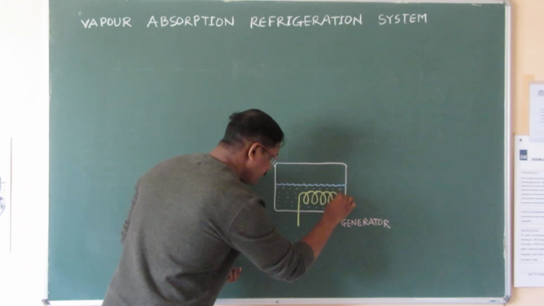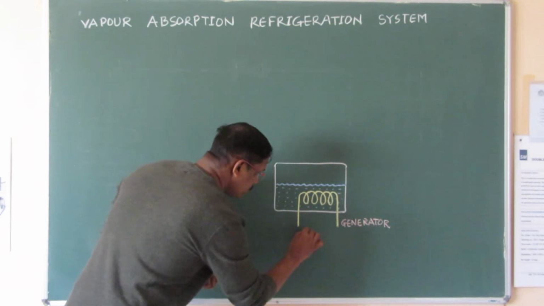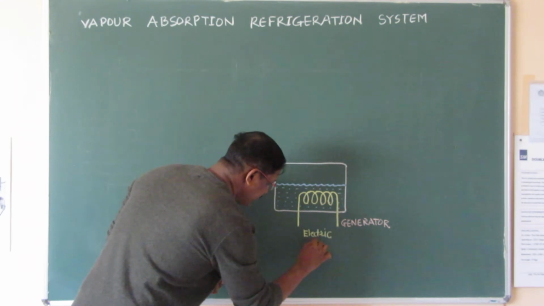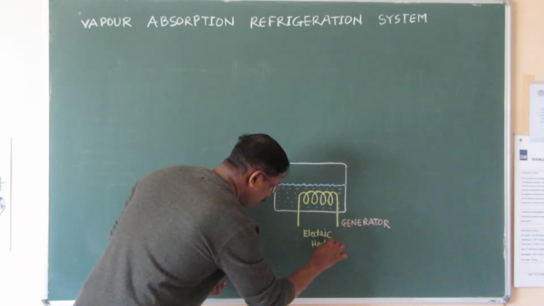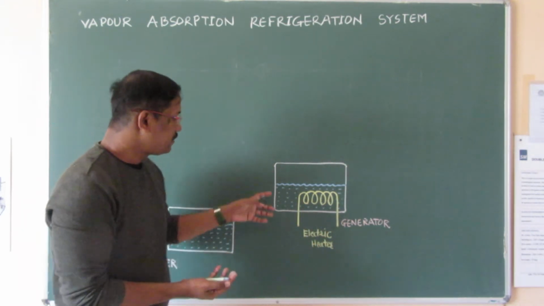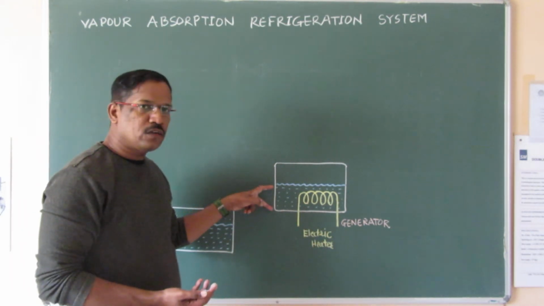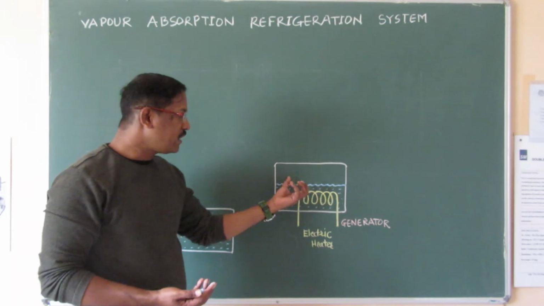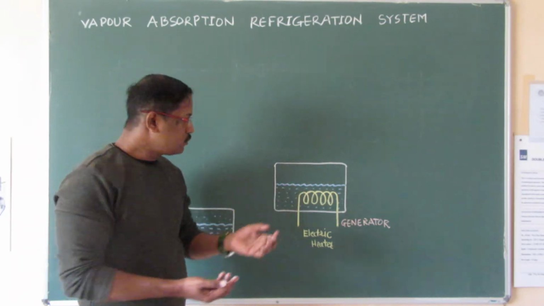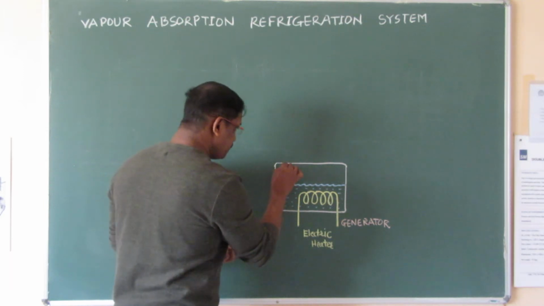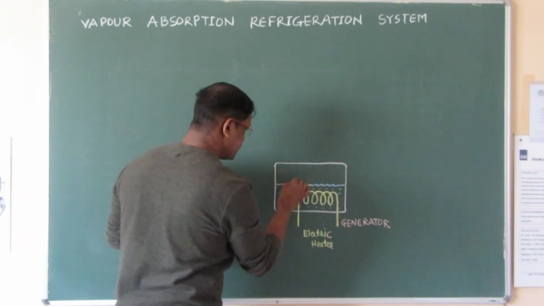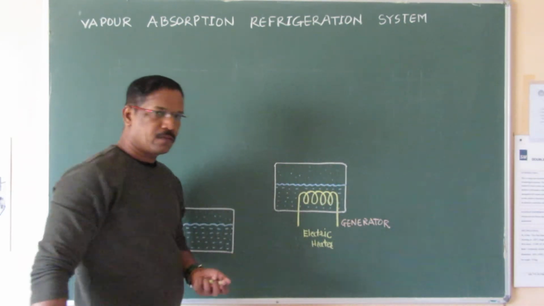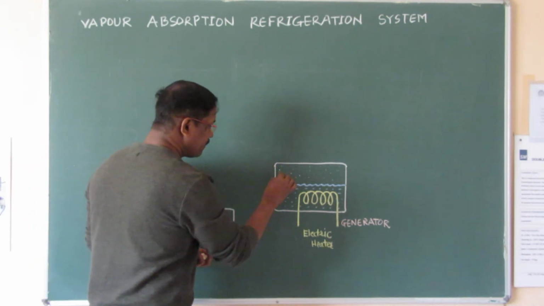When we supply electric power, heat will be provided to this strong ammonia-water solution. When heat is provided, as compared to water, ammonia vaporizes easily. So at the top of this chamber we always have ammonia vapors.